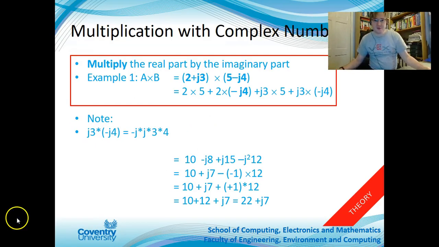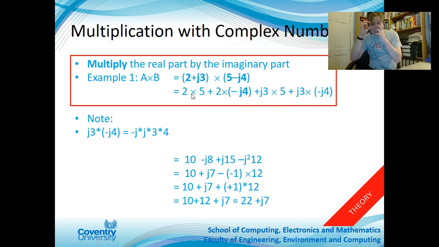So here's our example that we had earlier. If we do our monkey face method, we multiply the 2 by the 5, the J3 by the minus J4 term, which is over here, the J3 by the 5, which is this term here, and the 2 by the J4 term, which is here. So you've got the 4 terms, so essentially you can add those together.